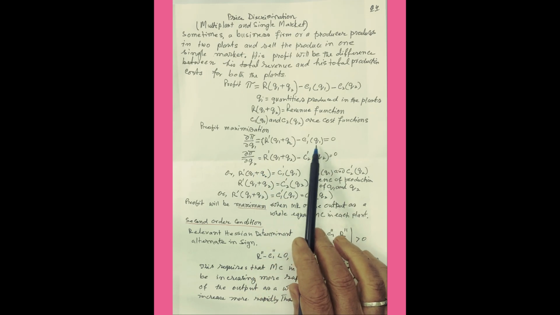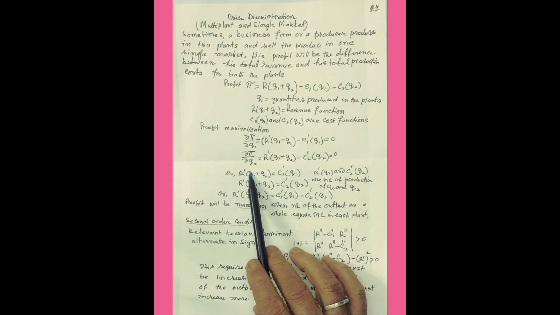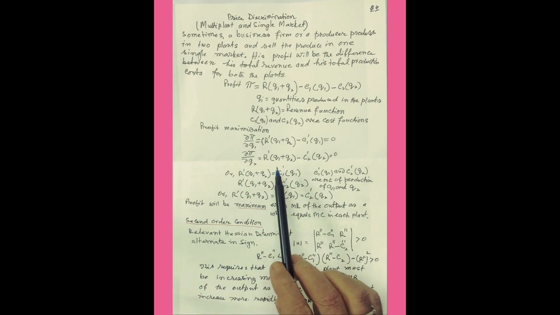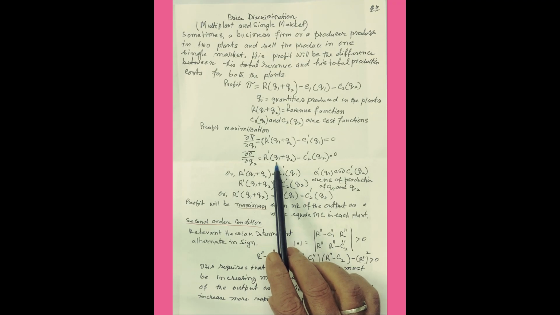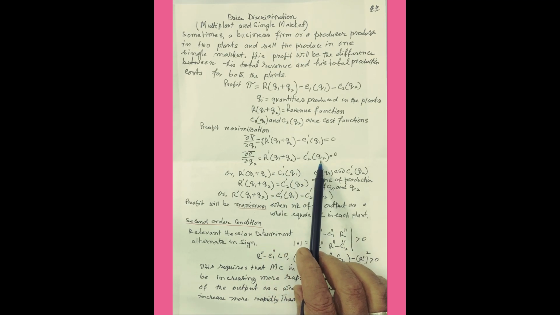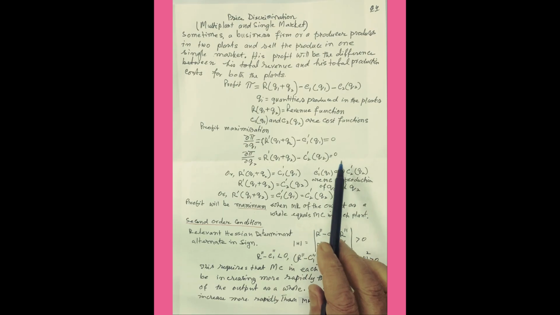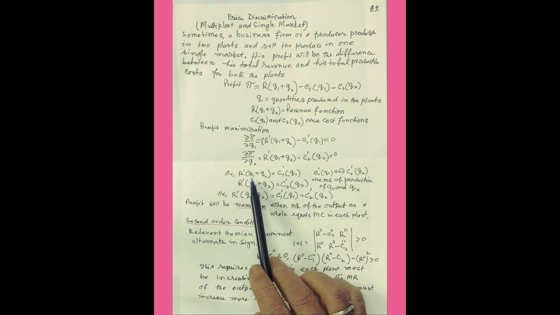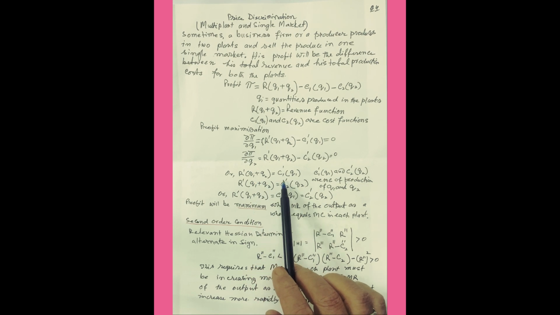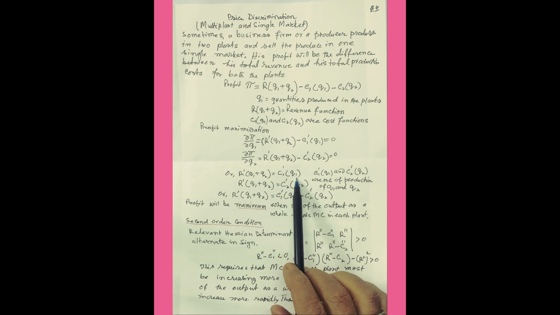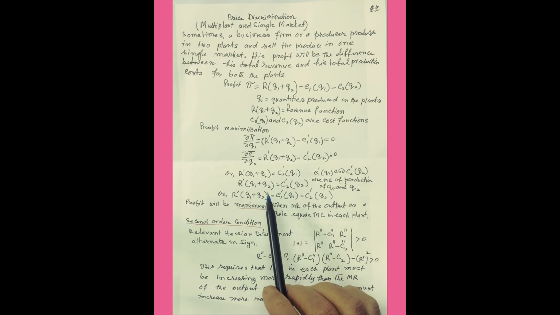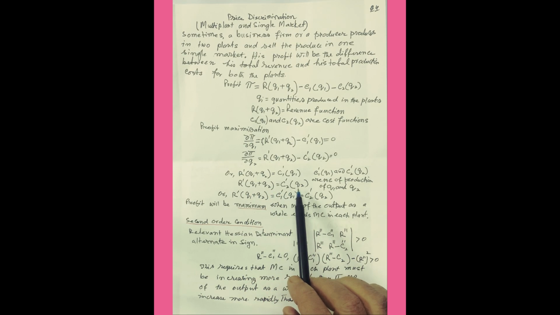Then delta pi by delta Q2 is again marginal revenue minus marginal cost with respect to Q2. Let's put it to 0, first order condition. Or R prime (Q1 plus Q2) is equal to C1 prime (Q1), and R prime (Q1 plus Q2) is equal to C2 prime (Q2).